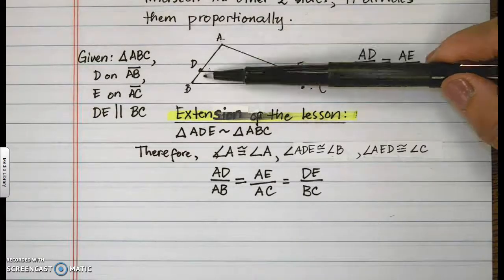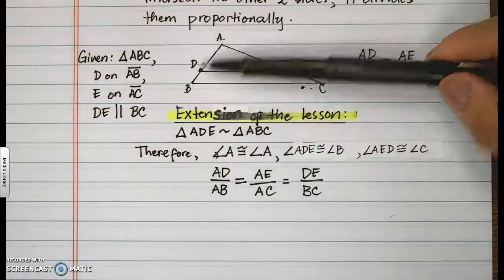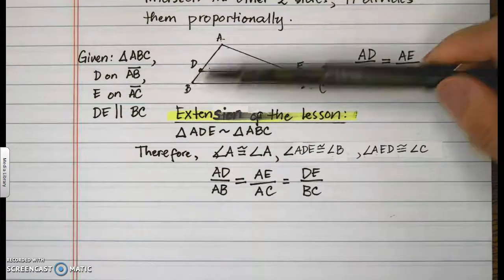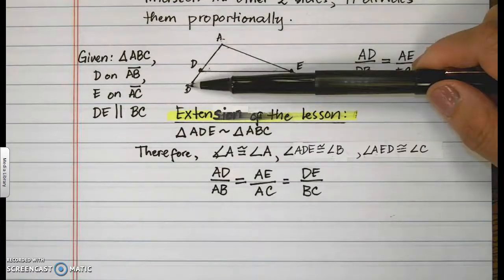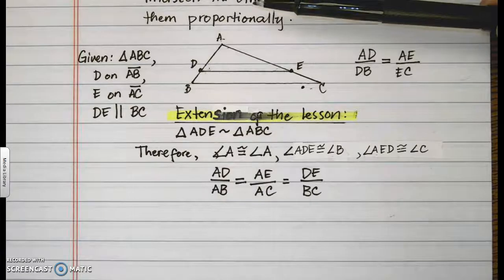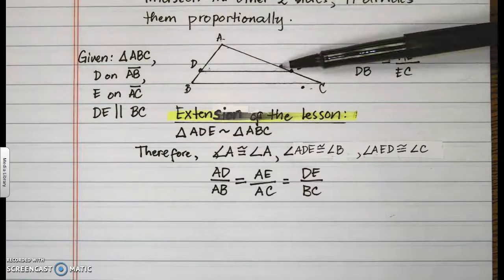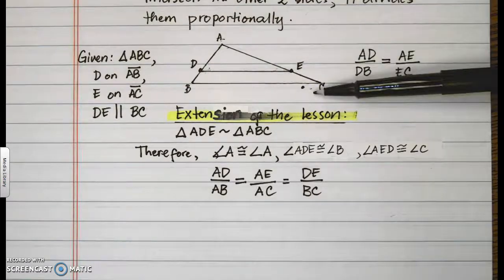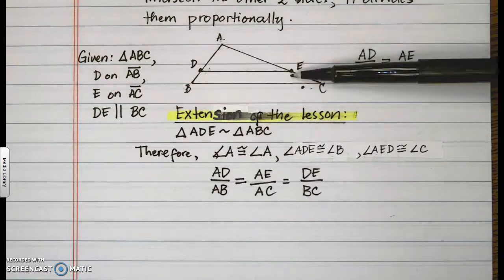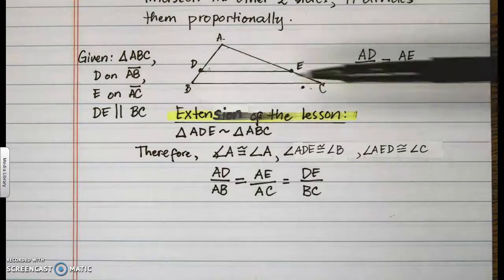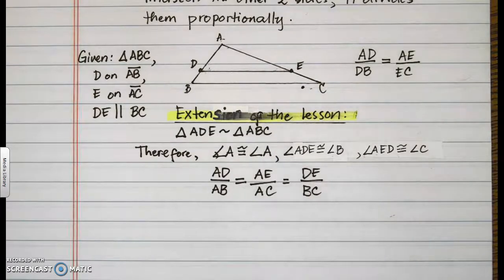Side AD over AB, so the whole thing, AB. So AD over AB is going to be proportional to AE over AC and DE over BC. That's going to happen when your triangles are similar.